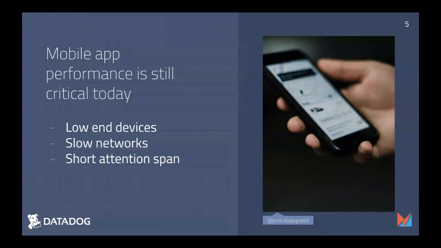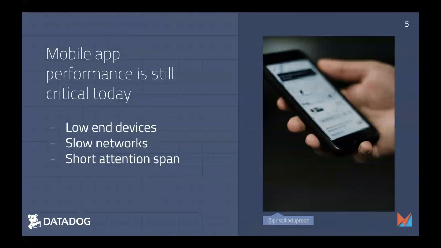On average, people change their phones every 3 or 4 years, meaning that most of your user base today is going to have devices that were released 3 or 4 years ago.